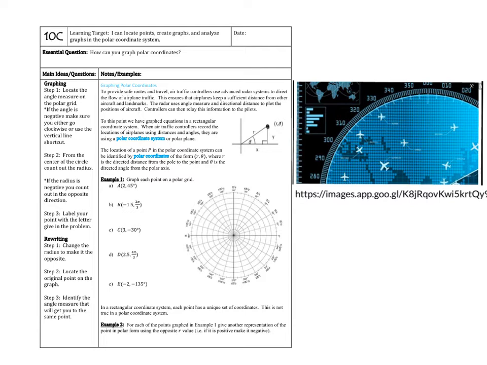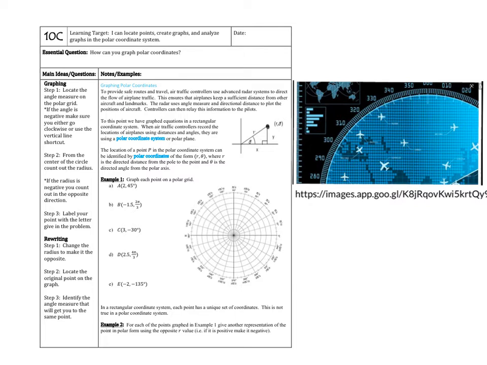So it's circular, they're using angles for direction as well as a distance. So for locations, they're using distances and angles at the same time. Pretty cool, huh? We're going to study it. We're going to start it right now.